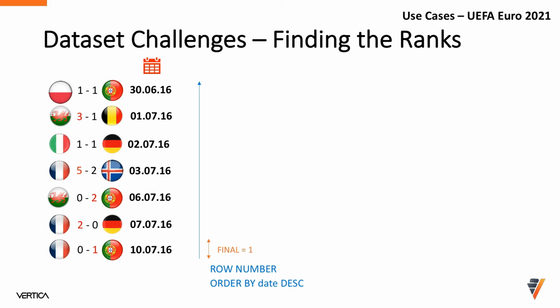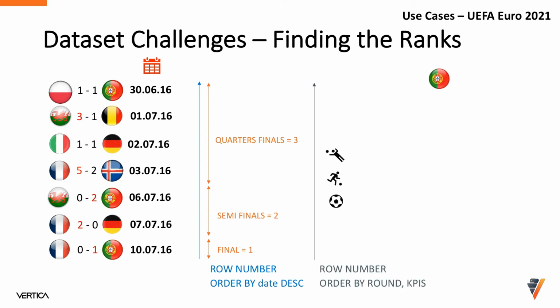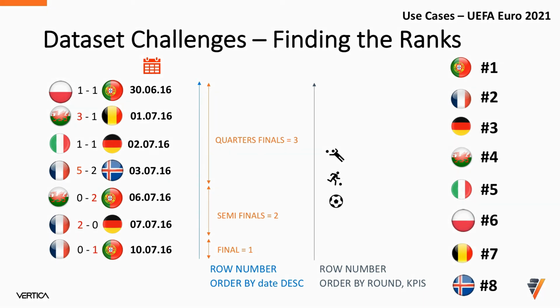The 2 games right after correspond to the semi-finals. Then we have the quarter-finals until we reach the first round. We can compute KPIs for each round and create a new identifier by sorting by the round's IDs and KPIs. We then have the final identifier, which represents the teams' rankings.